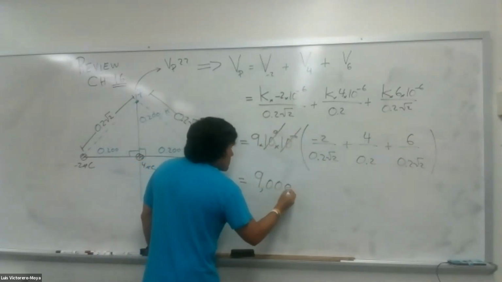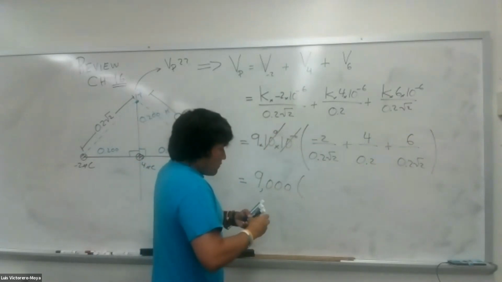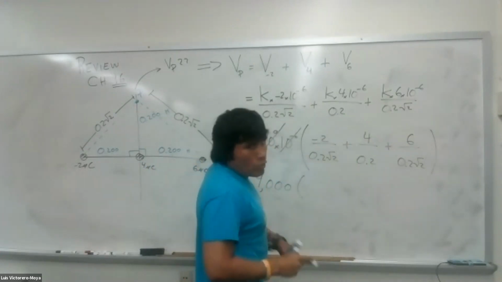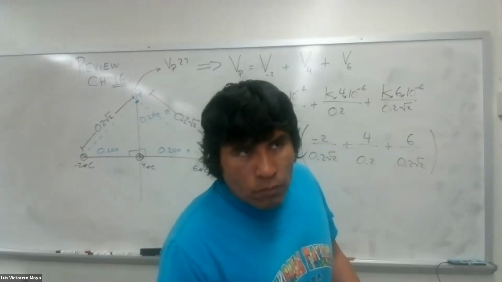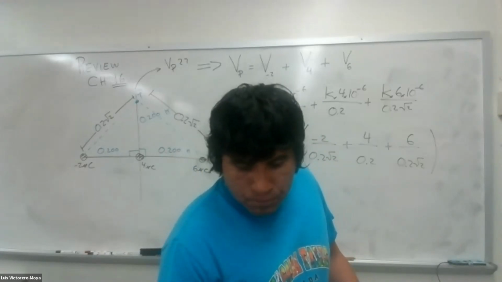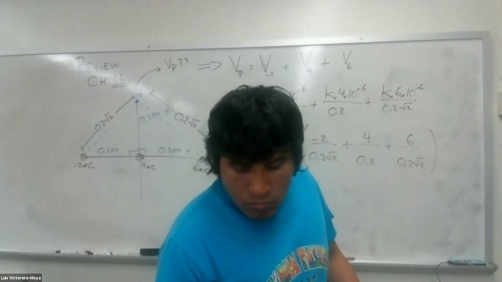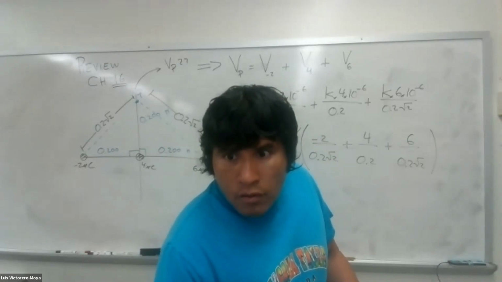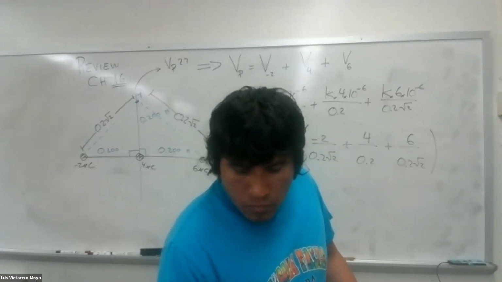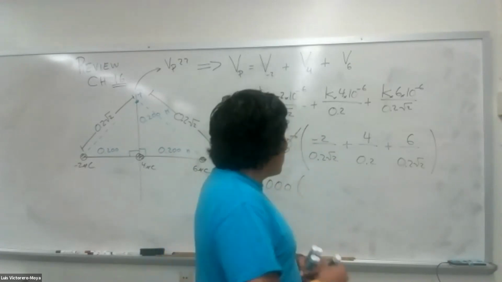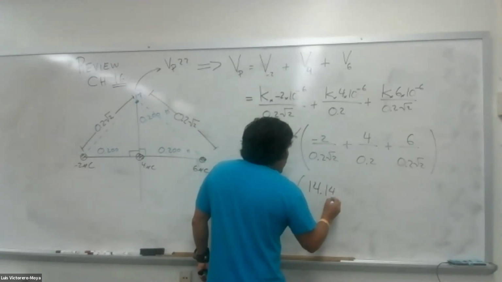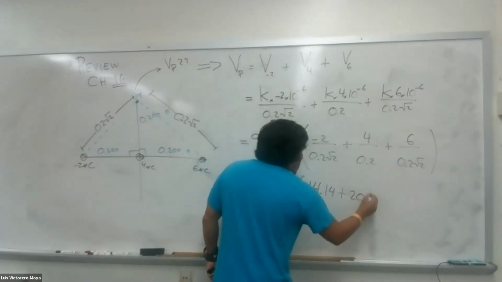9,000. Look, 6 minus 2, 4 over 0.2 root 2. So 4 over 0.2 is 20, divided by root 2, 1.414, is 14.14. So I will get 14.14 plus this will give me 20.